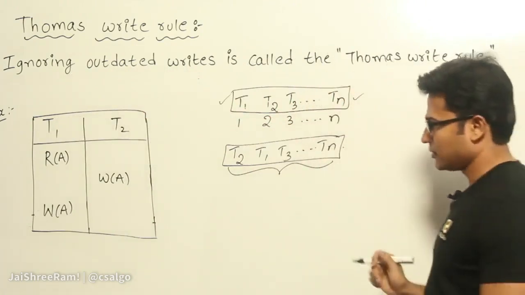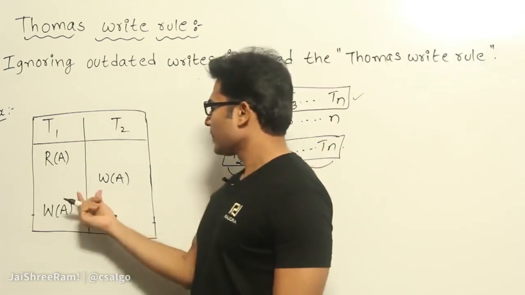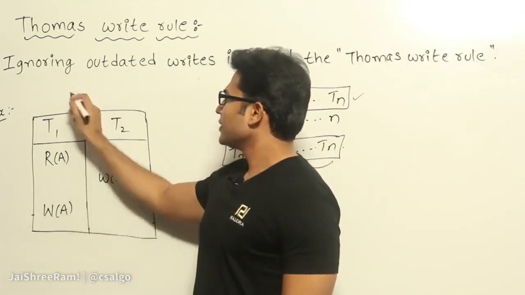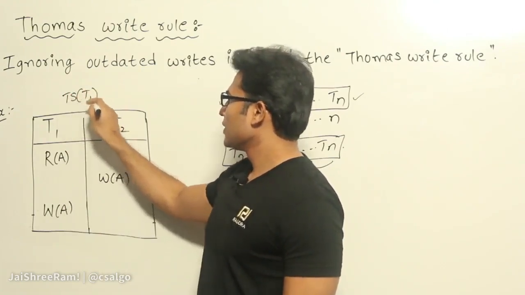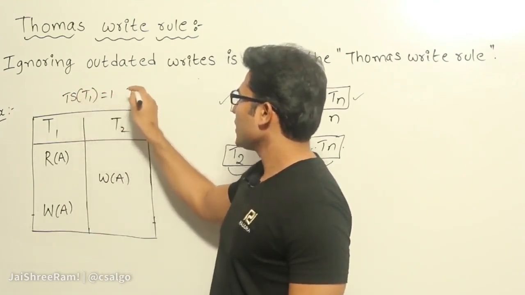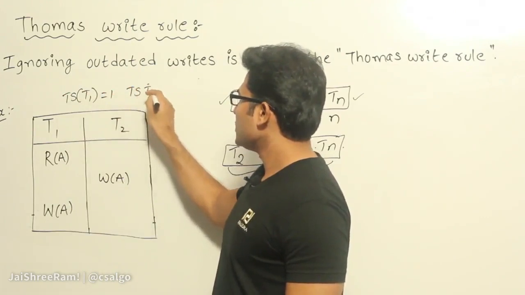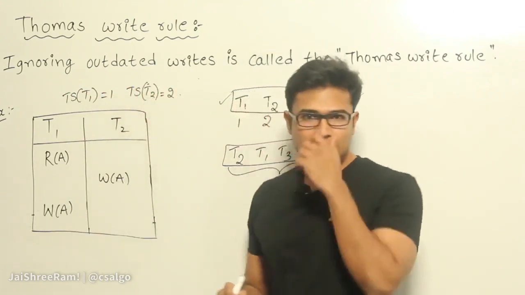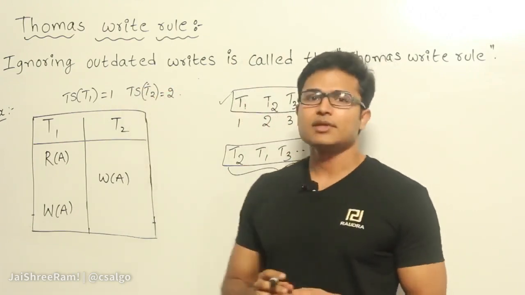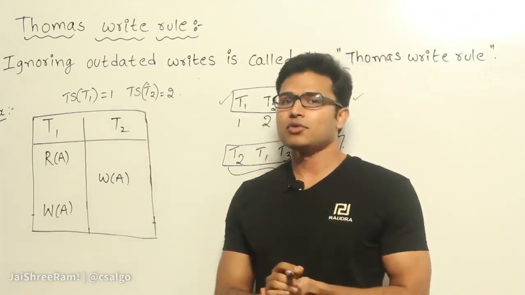So just take this example. Now let's say here the timestamp of T1 is 1 and the timestamp of T2 is 2, right? Now if this is the case, what does the timestamp ordering protocol do?